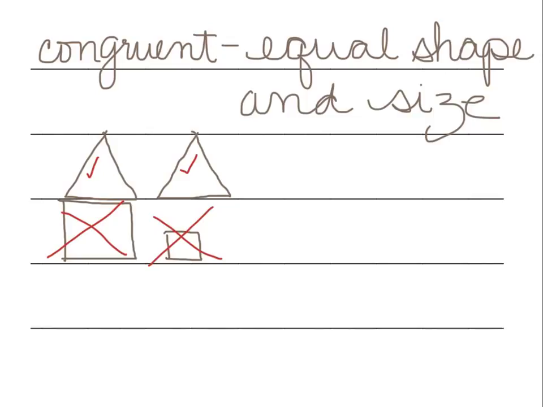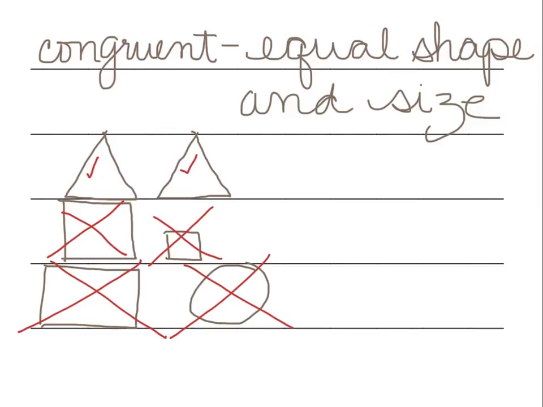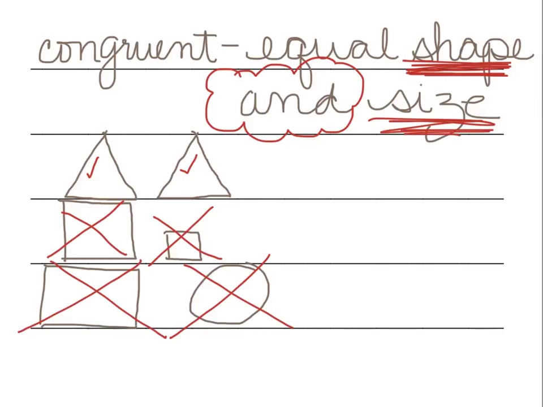So just to add one more on here, if I were to draw a rectangle and a circle. Obviously not congruent because they're not equal or the same shape and size. So what I want you to do is go back up to your definition for congruent, and I want you to put a little circle around and underline shape and underline size. Congruent means equal shape and equal size.